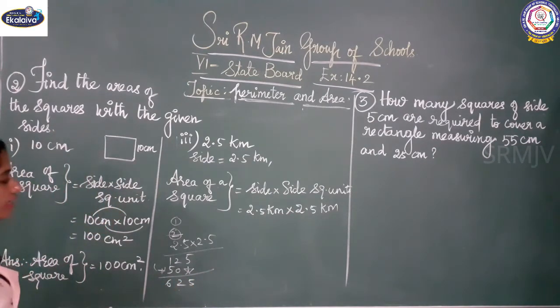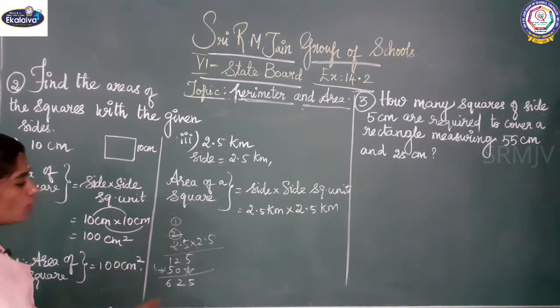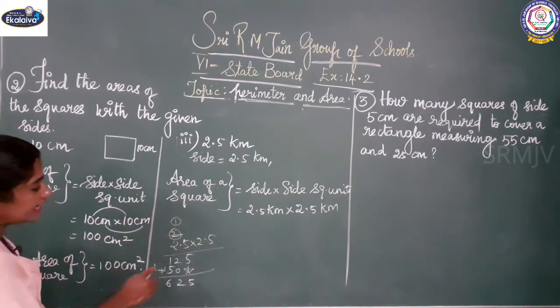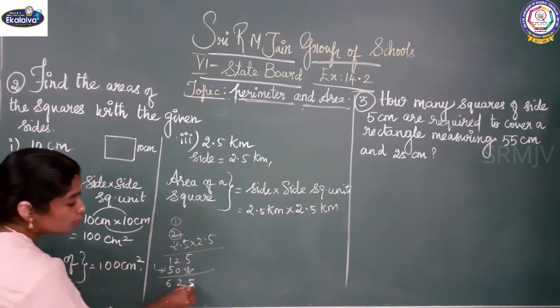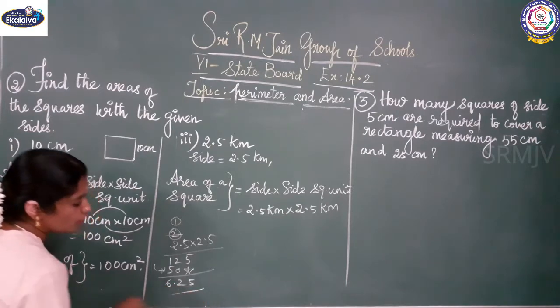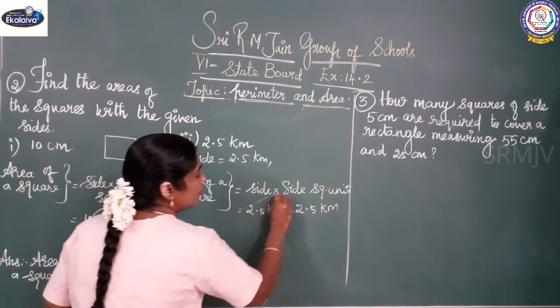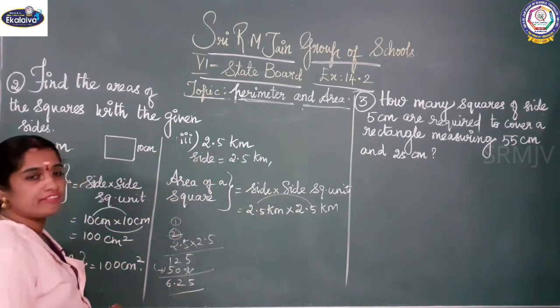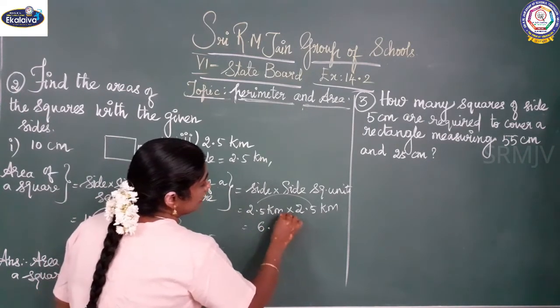Listen children, 2.5, 2.5. Okay, 1 digit after decimal is there, here 1 digit after decimal. So 1 plus 1 what? 2. So 2 digits after you have to keep your decimal. Can you understand this? So 6.25. Now when I multiply 2.5 with 2.5, my answer is 6.25.